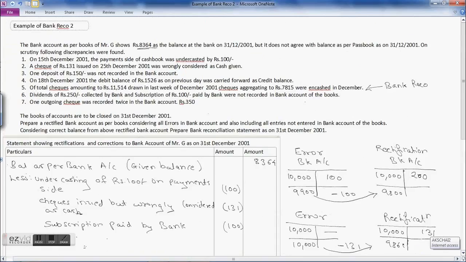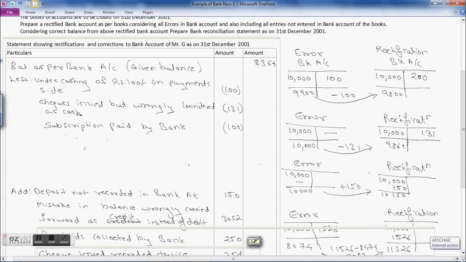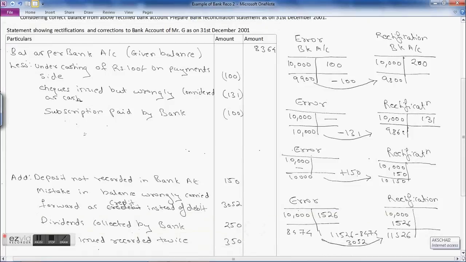Okay, so that's it. All the transactions are considered. Only transaction number 5 will be considered in our bank reconciliation. Now let's see what is the rectified balance here. 100, 131, 100, that makes it 331. I'll put it in brackets since we have to reduce it.